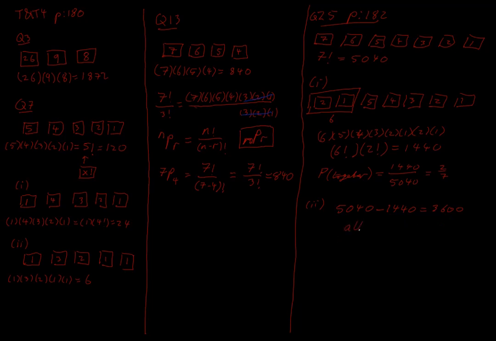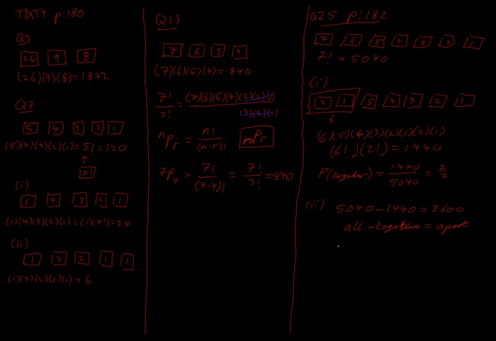Let's write that out in more general terms. All of the ways that we can arrange our children, we take away all of the ways that they are together, and we would be left with the ways that they are apart. So all of the ways we could arrange the children, subtract the number of times that they could be together, and we would necessarily be left with the number of times that they're apart.